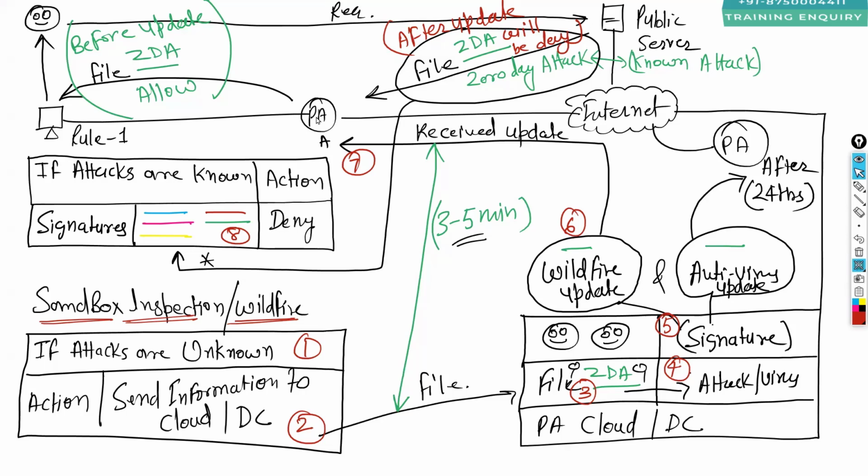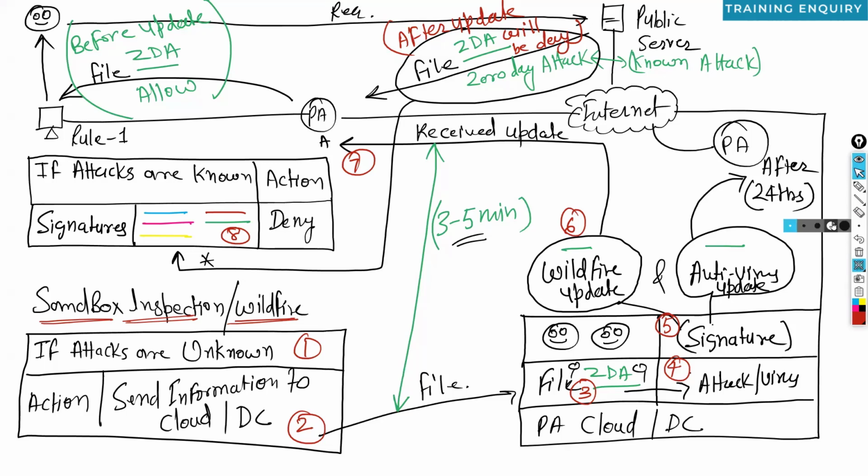In that condition, the firewall can't do anything. For that, we need to deploy an endpoint protection solution or an advanced endpoint protection solution. Clear? Yes, sir, clear. Thank you.